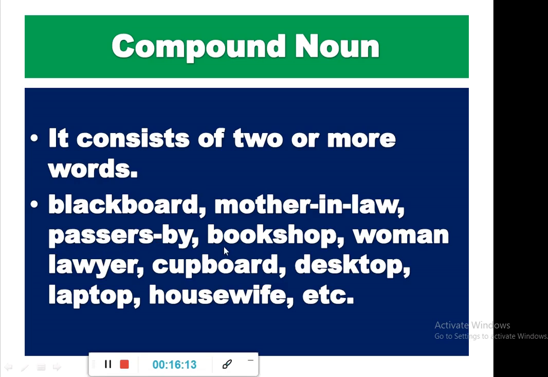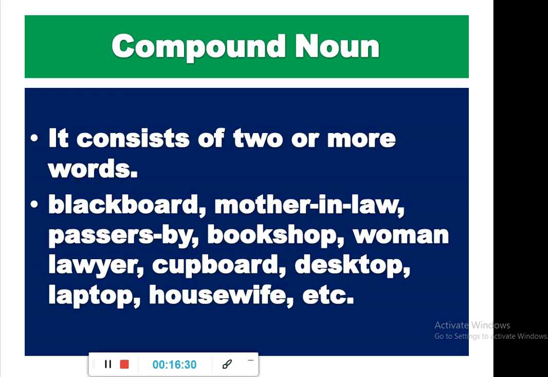Alright? So then when we have bookshop, because the key word is shop, we pluralize the key word in a compound noun. So we cannot talk of bookshop, we can talk of bookshops.